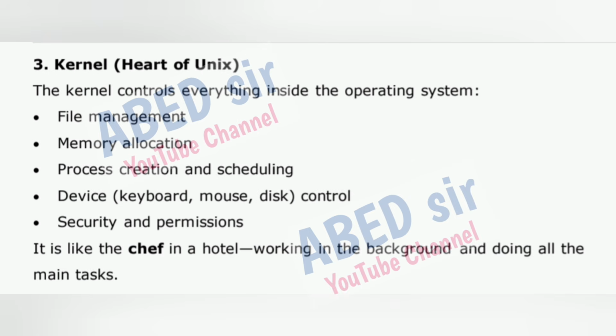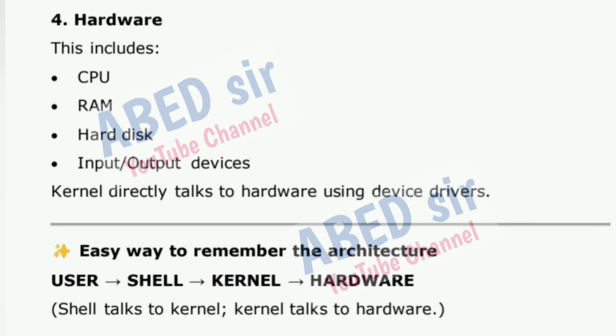It is like the chef in a hotel, working in the background and doing all the main tasks. 4. Hardware. This includes CPU, RAM, hard disk, input-output devices. Kernel directly talks to hardware using device drivers. Easy way to remember the architecture. User, shell, kernel, hardware. Shell talks to kernel, kernel talks to hardware.